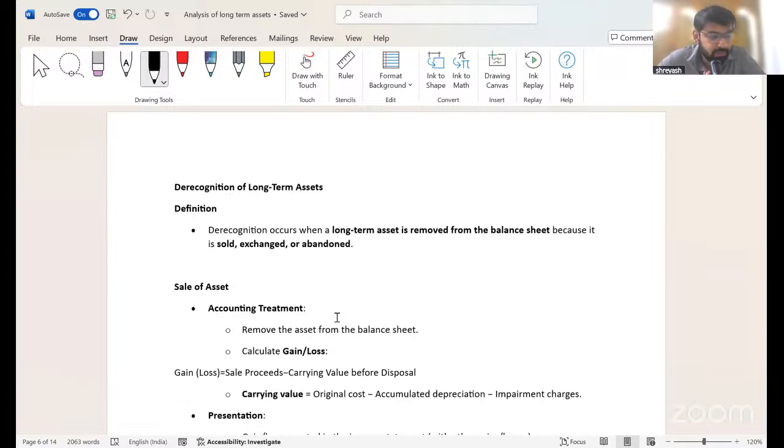All right, I think the energy levels are low. Do you guys want a 5-10 minute break so that we can continue after the break? Don't worry, my intention today is just to teach you what deferred taxes mean, nothing else. I'm not going to go beyond 50% of the chapter that we intend to discuss today. So do you guys want a 5 minute break? Yes or no? Say it quickly.